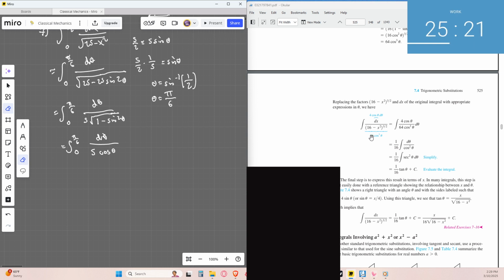The way it looks like in the book, yeah, because we factored out 25, which gives us 5. And then we were left with sine squared, and then the cosine on the bottom.